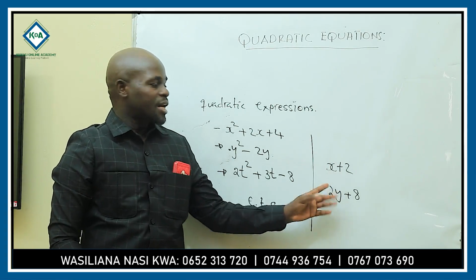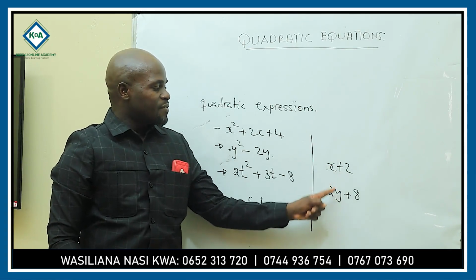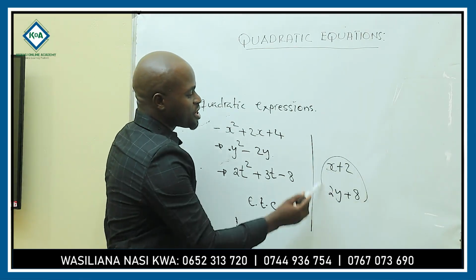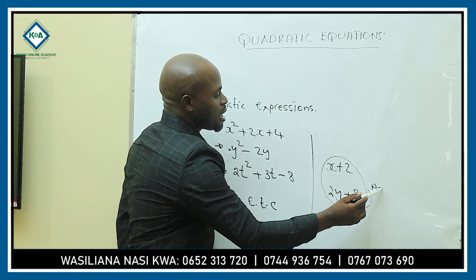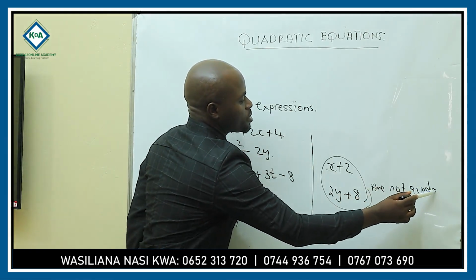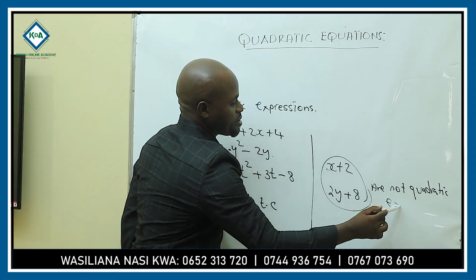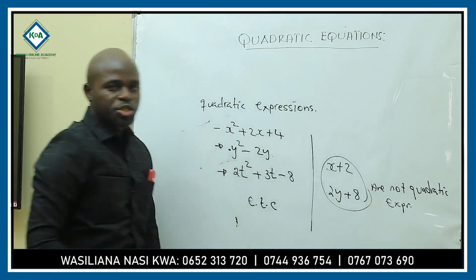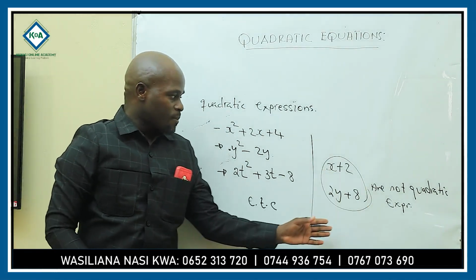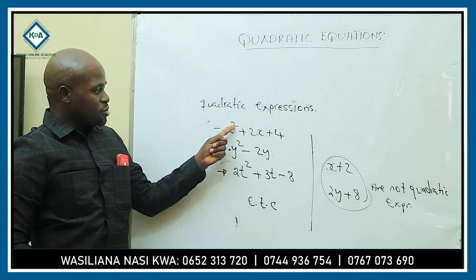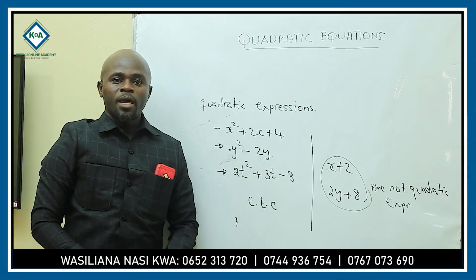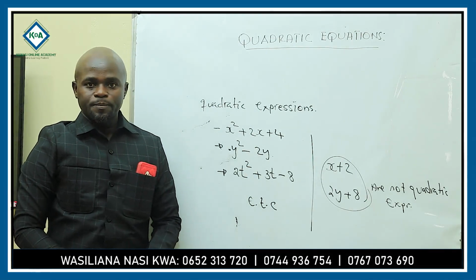Because the highest power of x here is 1, and here the highest power of y is 1, these two expressions are not quadratic. They are not quadratic expressions because the highest power of the variable is 1. But here, the highest power of the variable is 2, and this is 2, and this is 2. So these are the properties of an expression to be quadratic.